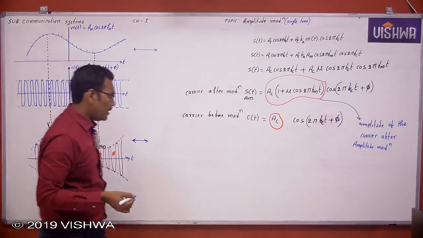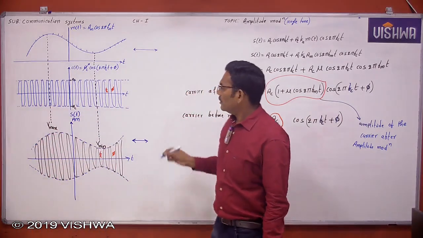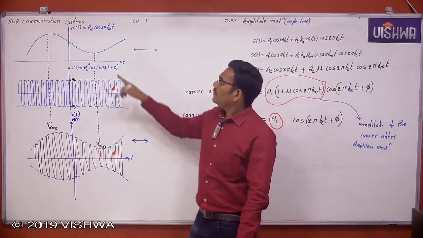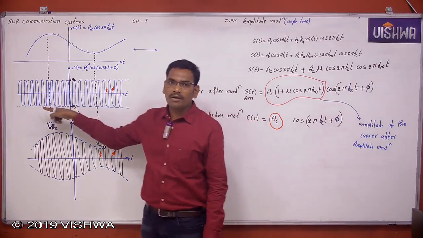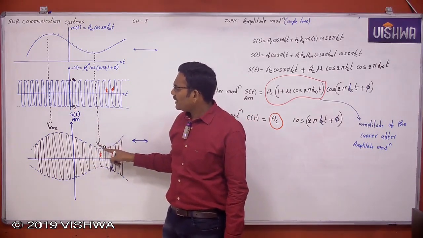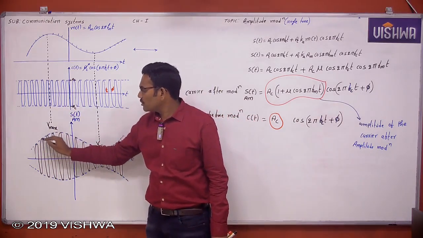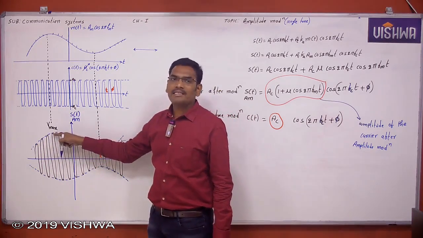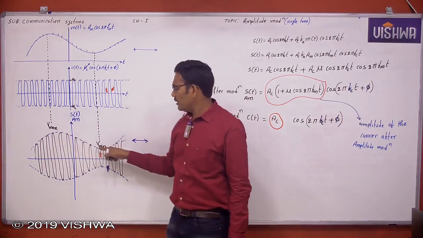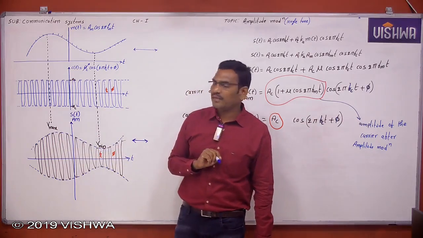Now see here, some doubts are clarified here. The amplitude of the carrier before modulation is AC, which is constant. But what is the amplitude of the carrier after AM modulation? It is continuously changing. And this is the maximum amplitude of the carrier after AM modulation, and this is the minimum amplitude of the carrier after AM modulation.